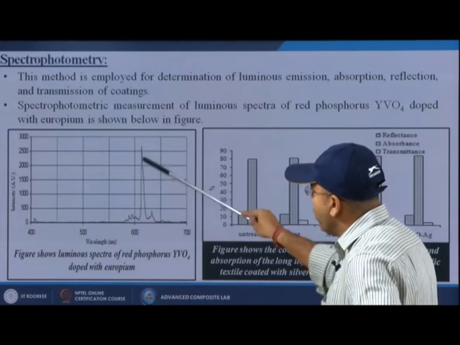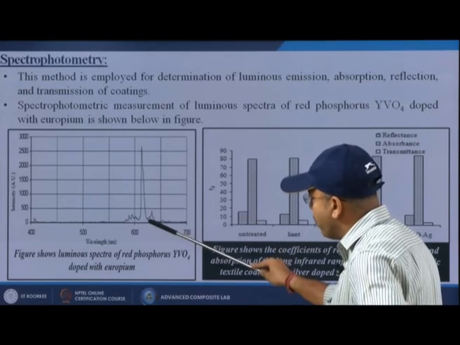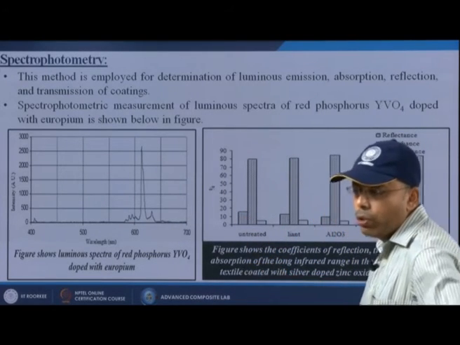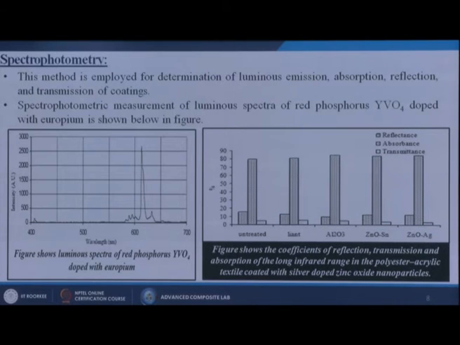It shows some visible peaks by which we can measure its luminous spectra. Not only that, this figure also shows the coefficients of reflection, transmission and absorption in the long infrared range in polyester acrylic textile coated with silver doped zinc oxide nanoparticles.